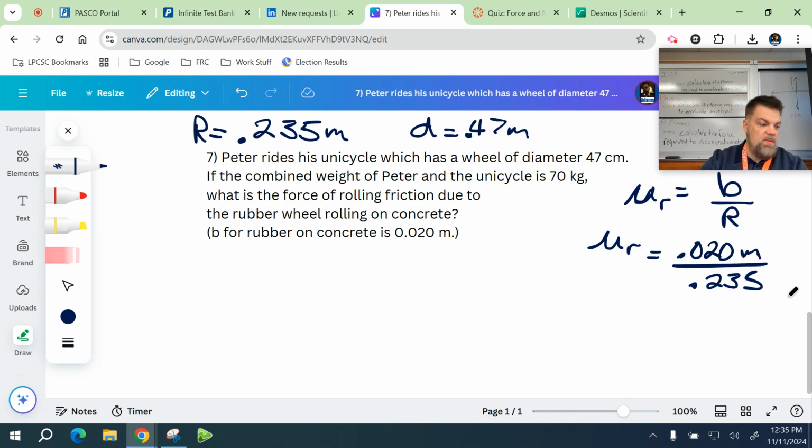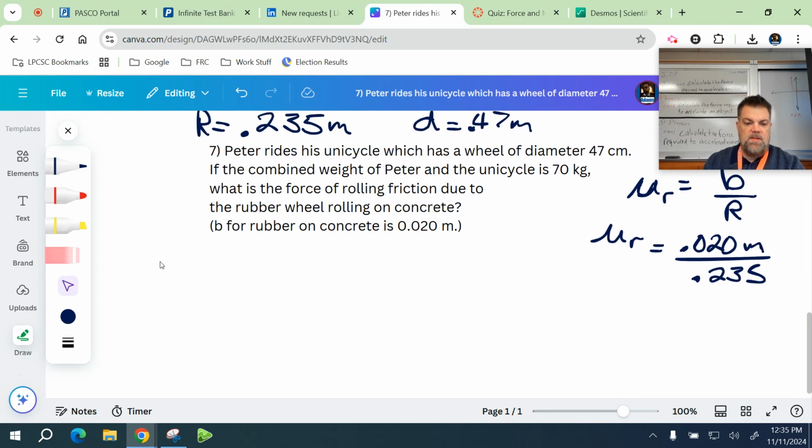I probably should have started with this, and I apologize. But remember, to find the frictional force, and if we do it according to our notes, the frictional force due to rolling, which will be a lowercase f, is equal to the coefficient times the normal force.